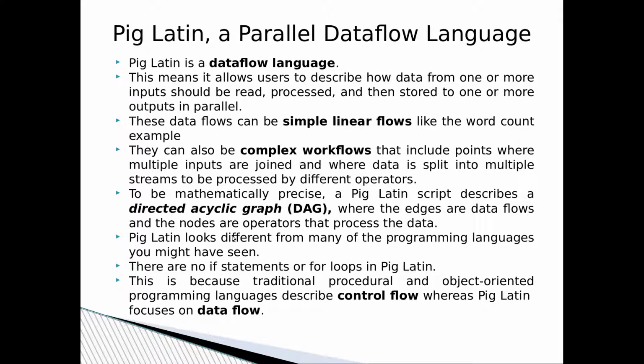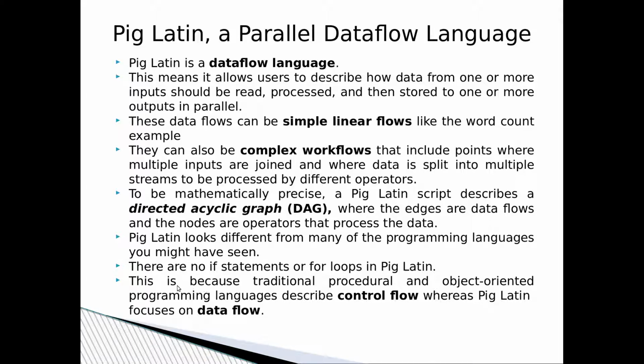And one more thing, this Pig Latin is different from the traditional programming languages that you have been working with in the past as well as in the present. See the differences. There are no if statements or for loops in Pig Latin, simply because it's a data flow language. So that's the difference from your traditional C, C++, Java, Python languages.